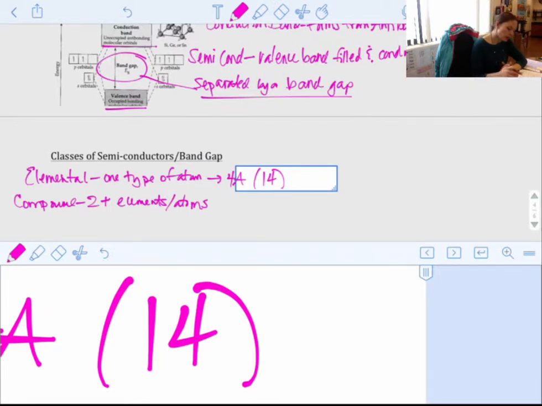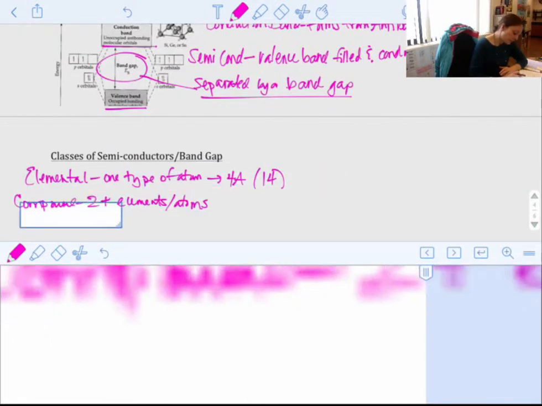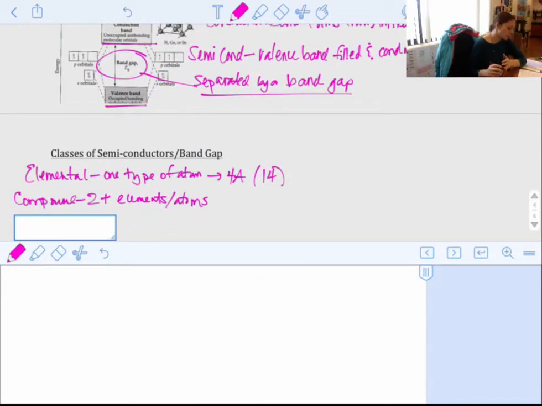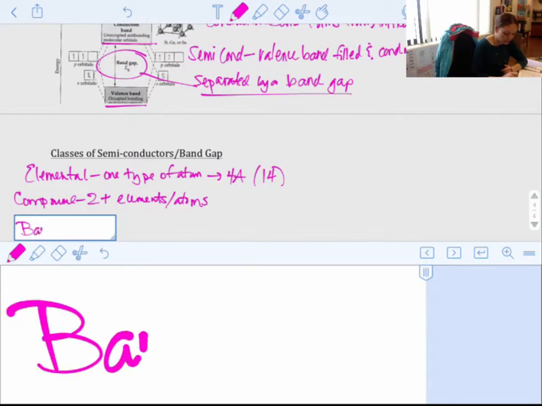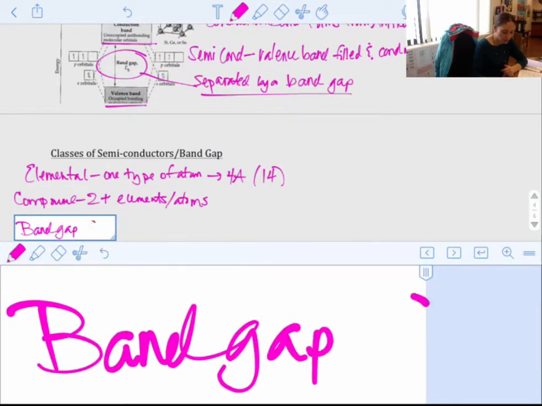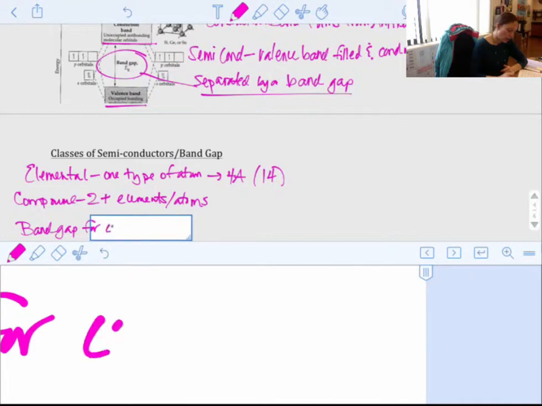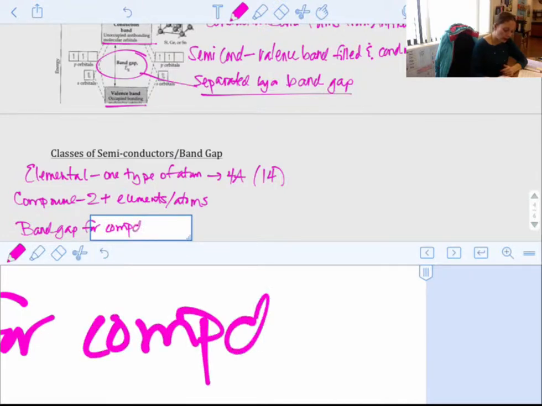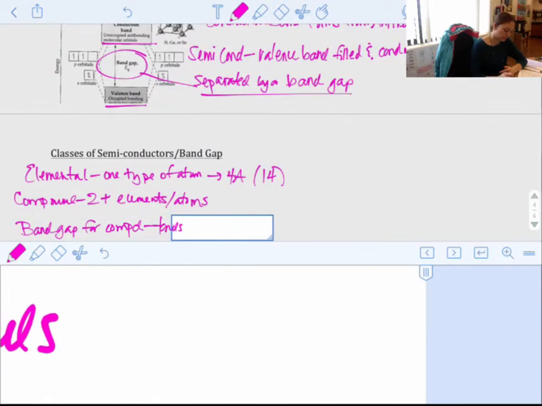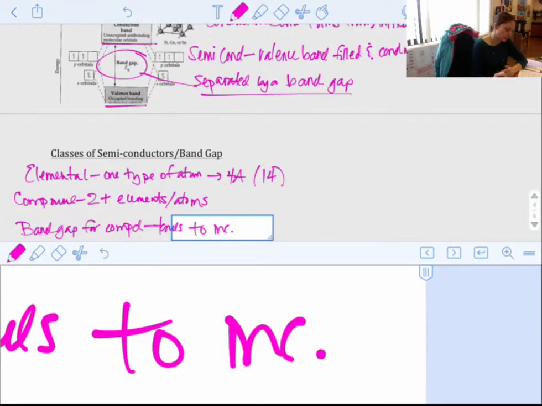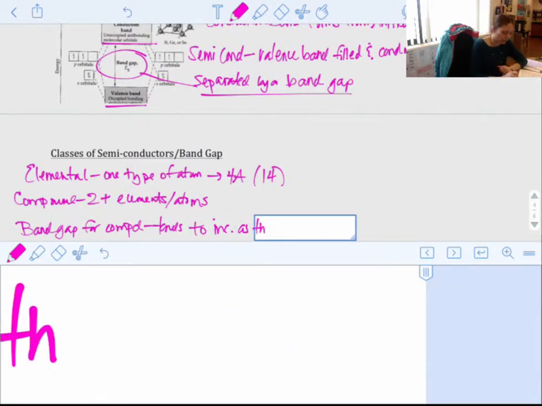Okay, the band gap, how that goes with this now. For a compound, how far apart the conduction band and the valence band are tends to increase as your difference in group numbers increases, as they get further apart.